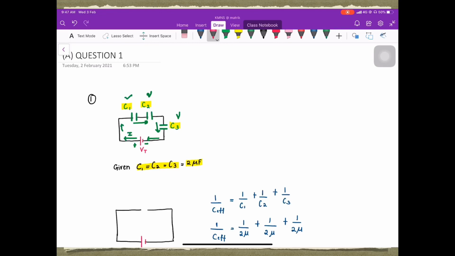Therefore, can we conclude that C1, C2 and C3 are series?